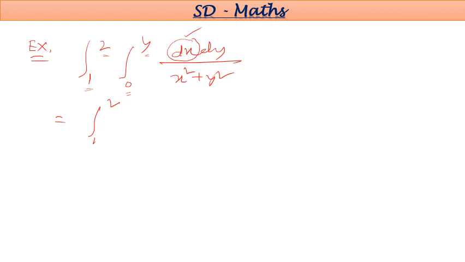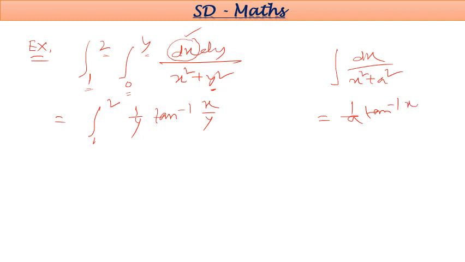1 to 2, and integrating it with respect to x, keeping y constant, it will be 1 by y tan inverse x by y. We all know this formula, the integral of dx by x square plus a square is 1 by a tan inverse x by a plus c, right? So it will be this, and 0 to y dy.